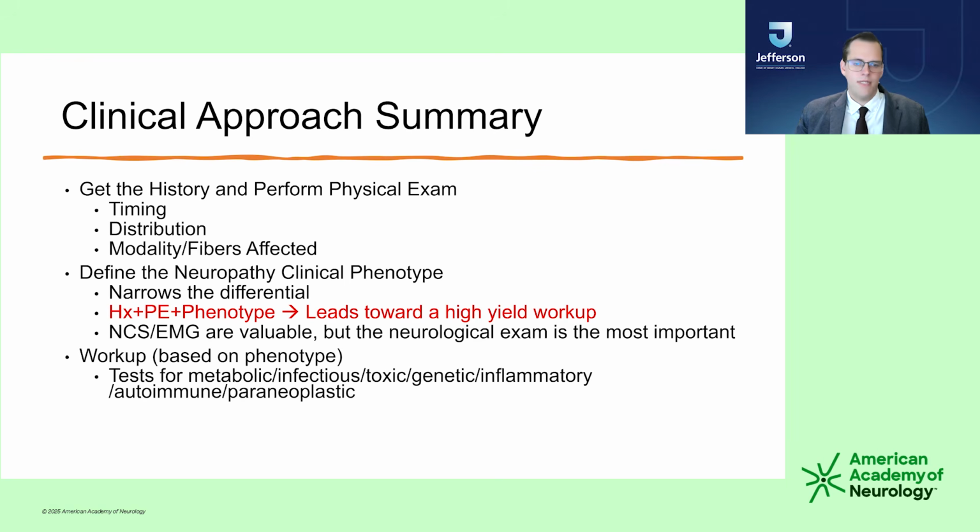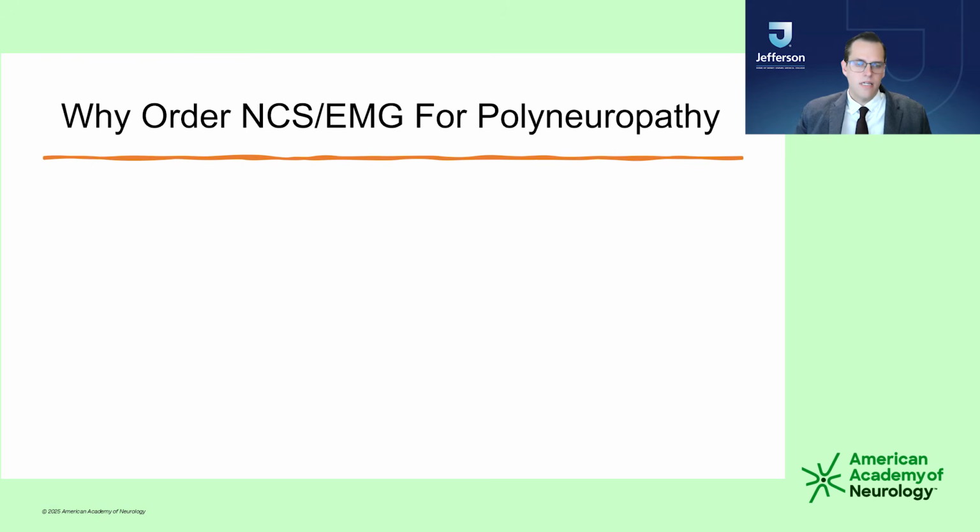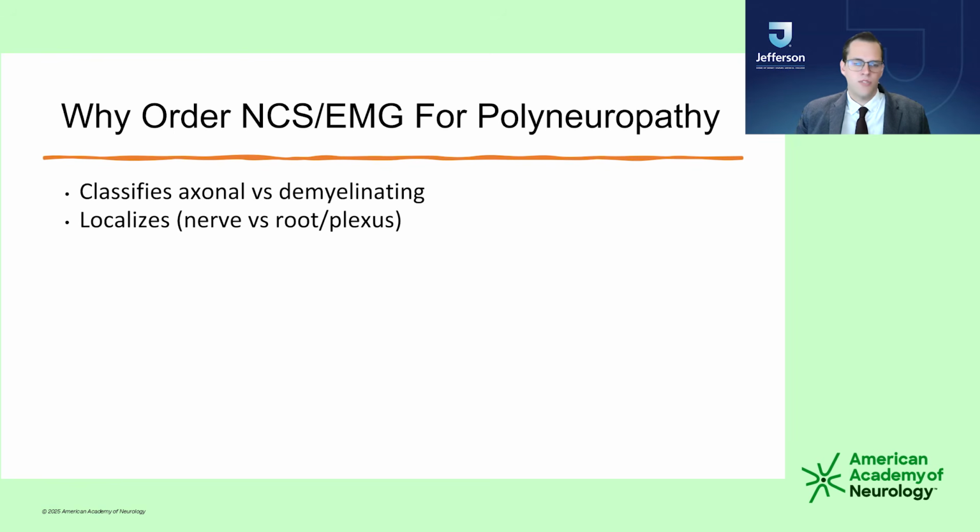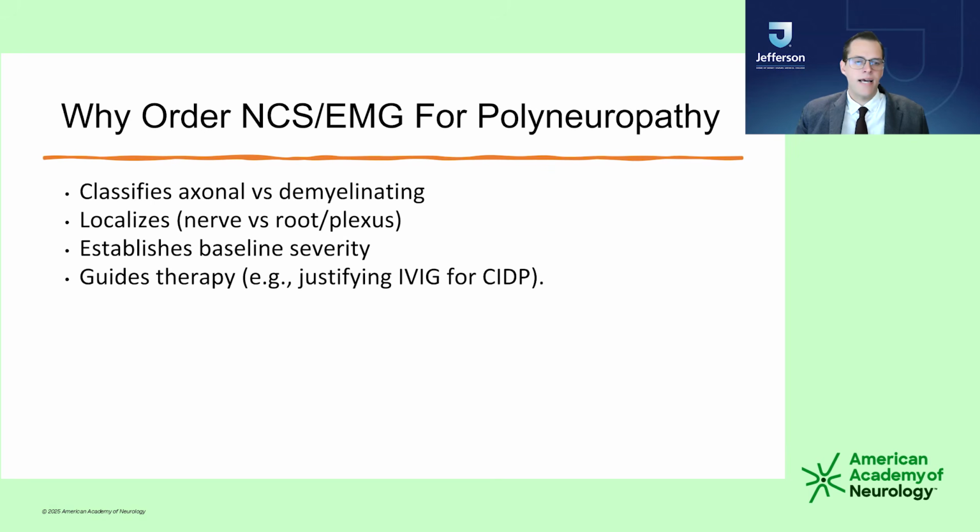So workup: based on that phenotype, you're going to test for metabolic, infectious, genetic, inflammatory, and autoimmune causes, and eventually you'll get to your diagnosis. So this was another question: why order a nerve conduction study or EMG for polyneuropathy? The reasons are that it helps you classify axonal versus demyelinating. It can help you localize which nerve is involved, or whether it is the root or plexus. It can help you establish baseline severity, such as in AIDP or CIDP, and it can guide therapy, such as justifying IVIG for CIDP.